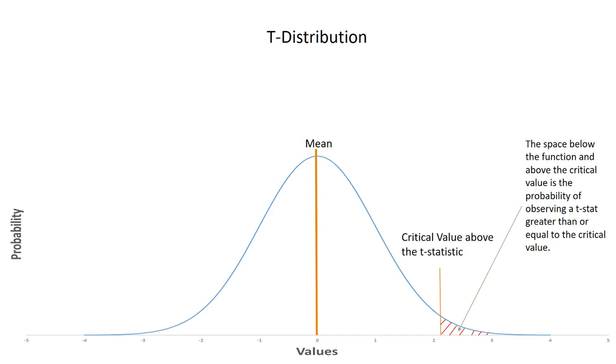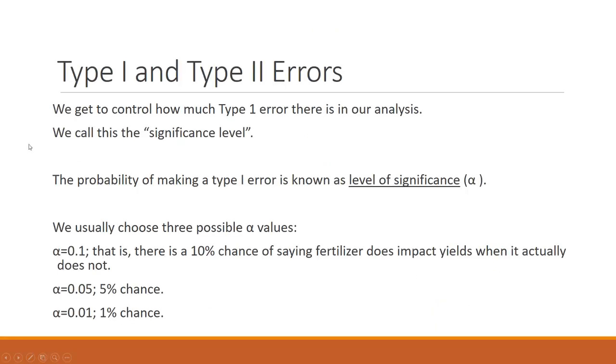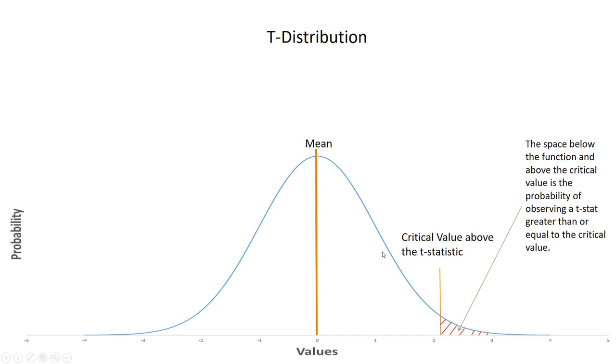Now, let's keep going. I mentioned before type 1 and type 2 errors. For type 1, we get to control how much type 1 error there is in our analysis. We call this the significance level. Let's just use our intuition here. I said that if our t-statistic lies above this critical value, then we reject the null hypothesis.